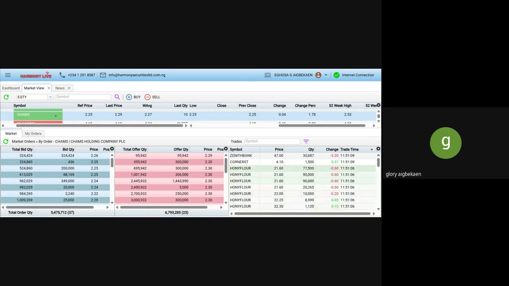They have residential properties. They are doing very well.